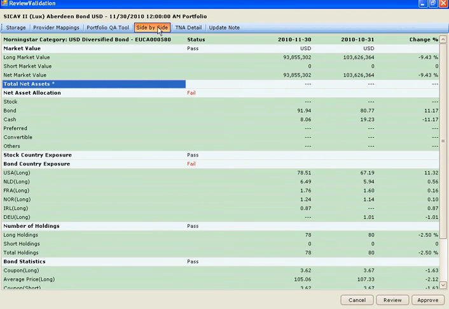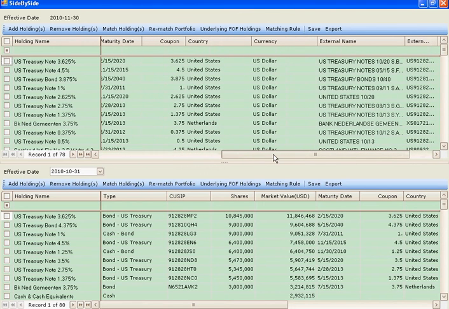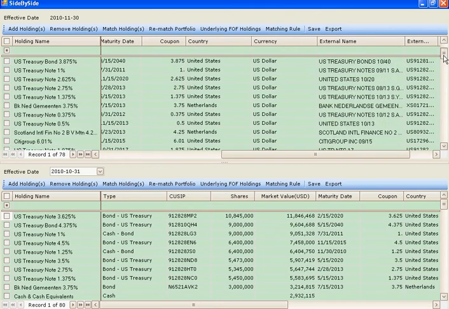You can see from here that in this one there are a lot of US Treasuries. So the system automatically gives the country list.